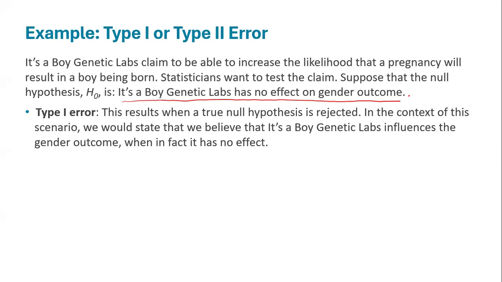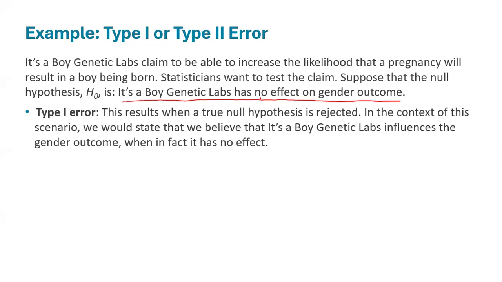Reject that the genetic lab has no effect, however they have an effect on the gender outcome. So type 1 error says that the boy genetic lab influences the gender outcome when in fact it has no effect.